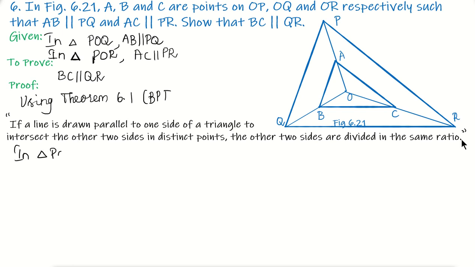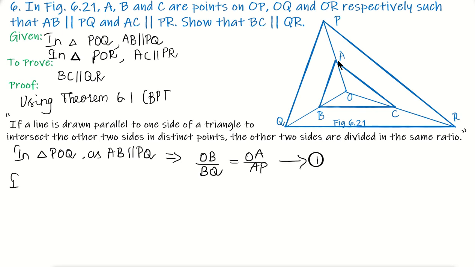In triangle POQ, as we have AB parallel to PQ, we can write the ratios as OB by BQ. Okay, AB இருக்குல்ல இந்த side, OQ சைடையும் OP சைடையும் ஈக்குவலா டிவைட் பண்ணுது. So that OB by BQ is equal to OA by AP, equation 1.